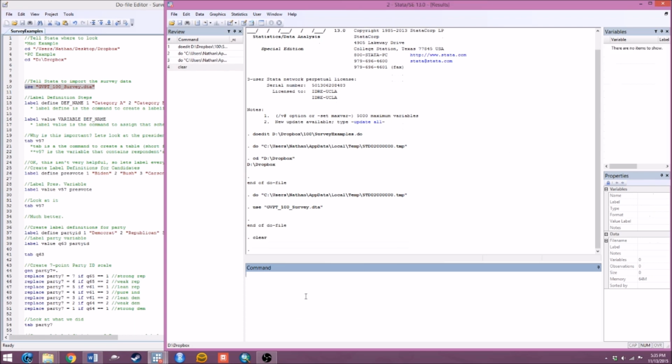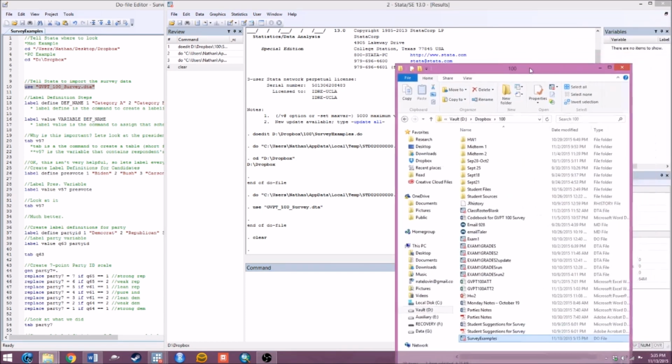But sometimes things will happen if you're on a PC and you double click a do file, it'll open the do file, and then if you double click the data file, it will open the data file in a separate version of Stata and the two won't talk to each other. So in that situation, it's often just easiest to drag the data file directly onto Stata itself.